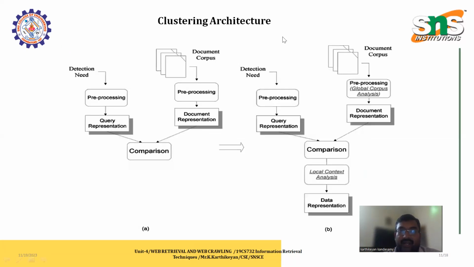So this is a cluster architecture. It includes the information need, preprocessing, query representation, the document corpus, preprocessing, and document representation and comparison. After that it is sent to the next level: query optimization, local context analysis, and data representation. This is ordinary comparison, and this is the use of cluster-based comparisons.